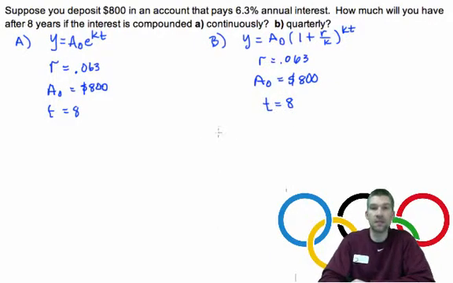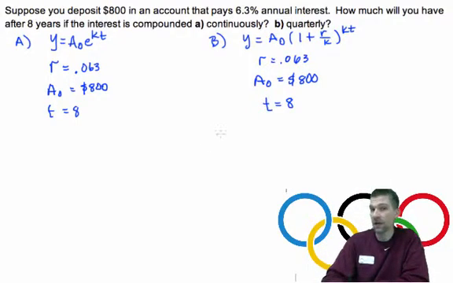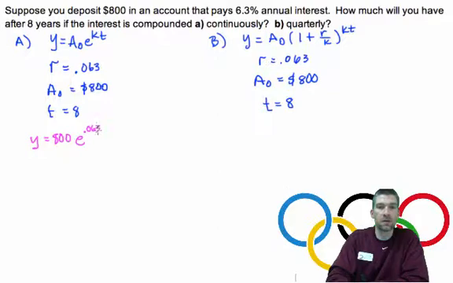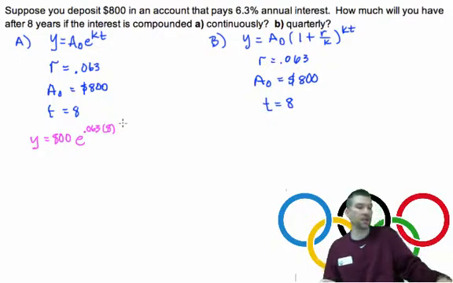So now what we have to do is get your calculator out, plug these values in carefully, and see what you get. In this case over here, we'll switch it up a little bit in the pink. y equals 800 times e, and then for the exponent, 0.063 times 8. I'll punch that into my calculator.